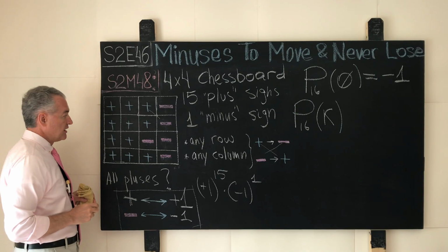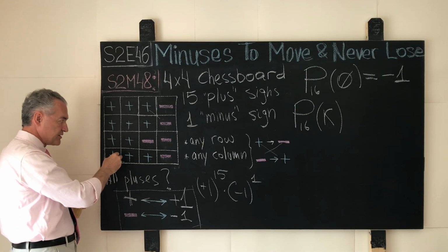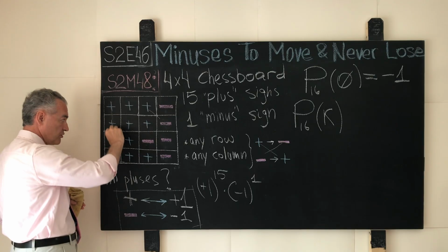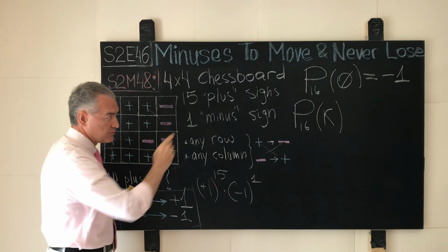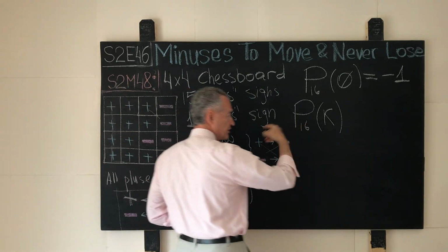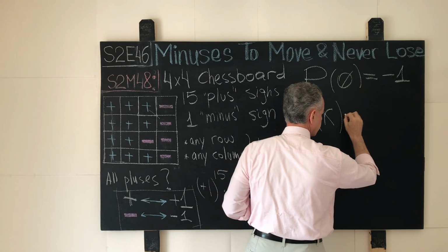What does that mean? It means that once that decision is made and we want to concentrate on this column, we can represent our product of 16 plus 1s and negative 1s as follows.